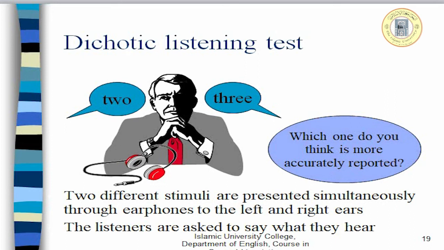This technique uses the generally established fact that anything experienced on the right-hand side of the body is processed in the left hemisphere of the brain, and anything on the left side is processed in the right hemisphere of the brain. So two different stimuli are presented simultaneously through earphones to the left and right ears. The listeners are asked to say what they hear.